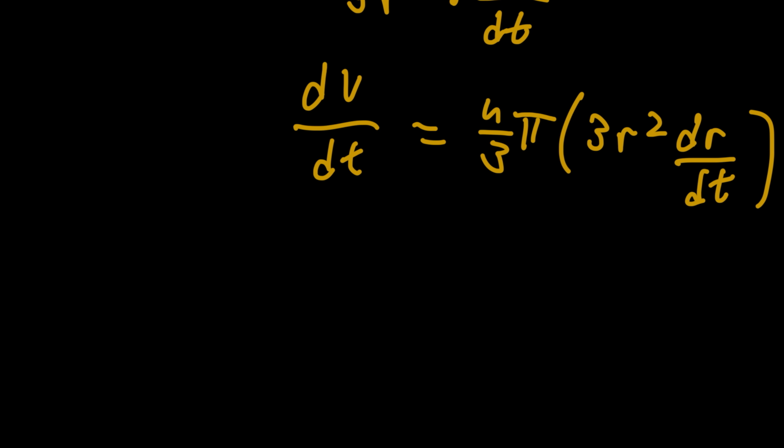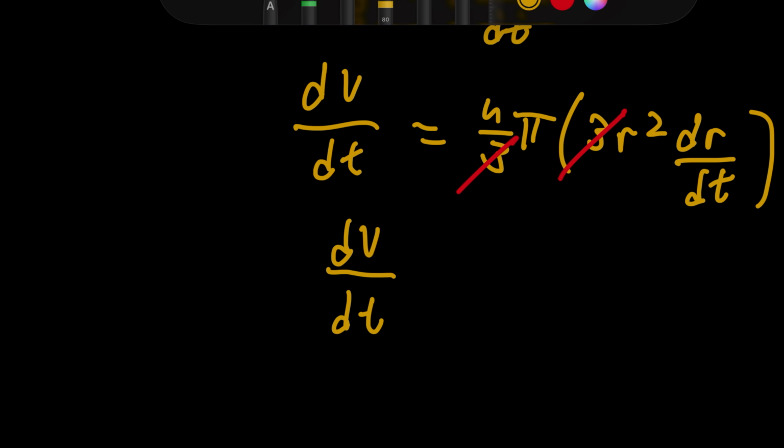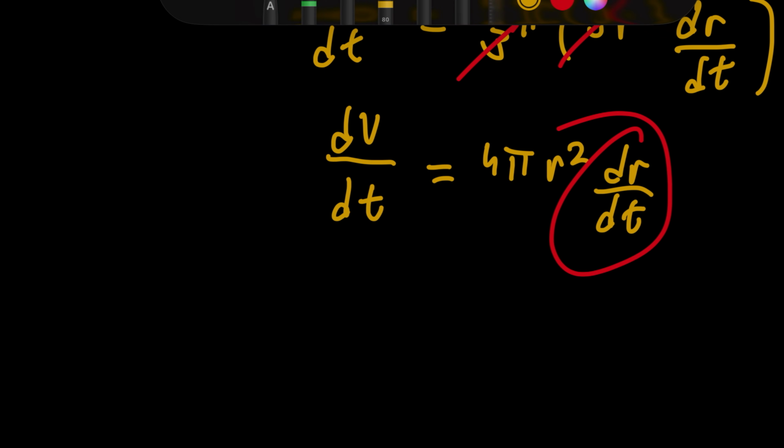So, okay. Now we can also simplify this a little bit. We can cancel out the 3's here, right? So then we're left with dv over dt is equal to 4 pi r squared dr over dt. Perfect. This is much easier. Now, since we're trying to find dr over dt, we can isolate dr over dt here.